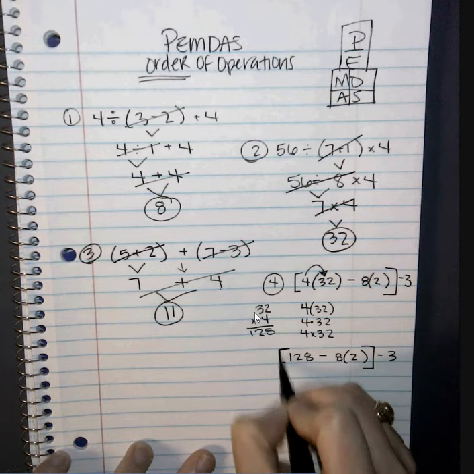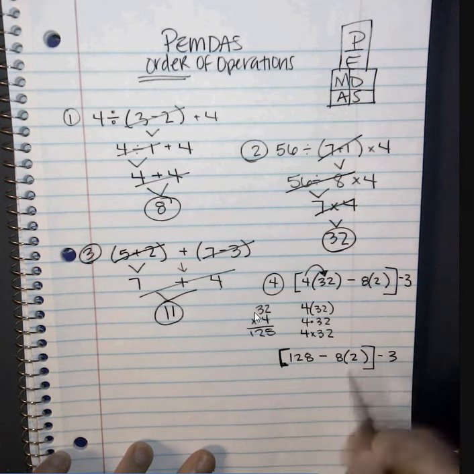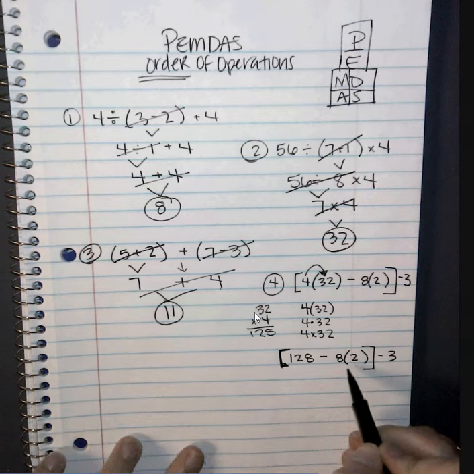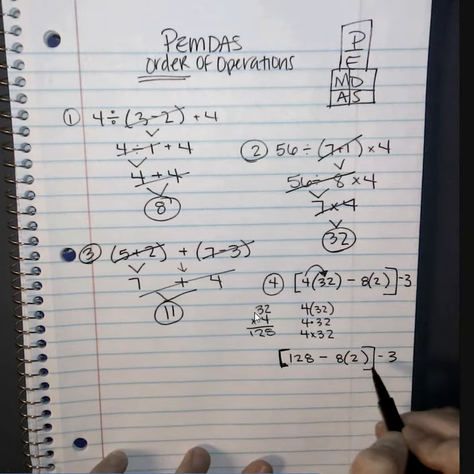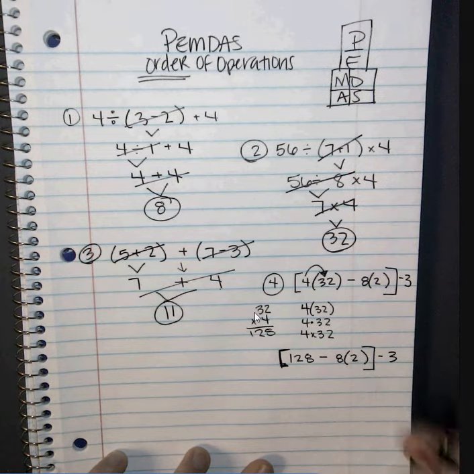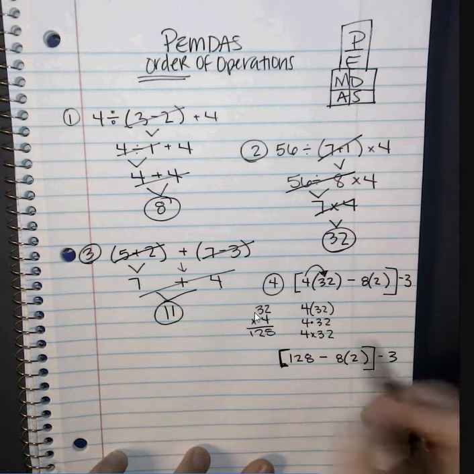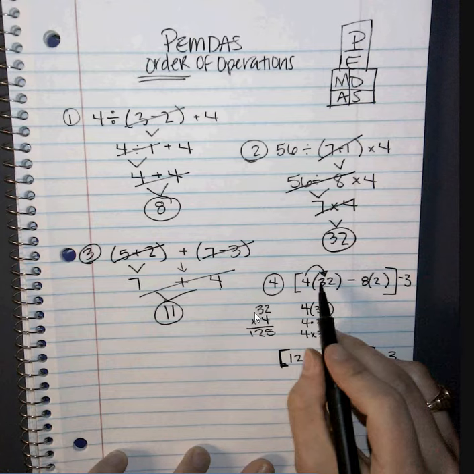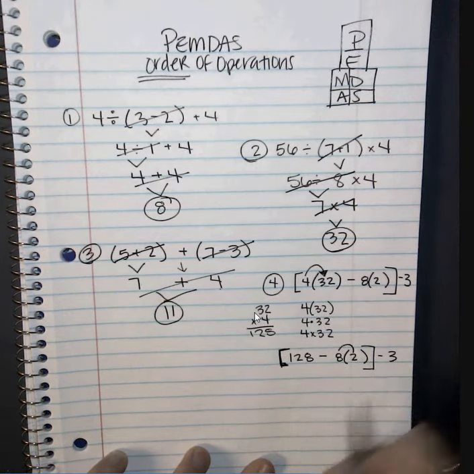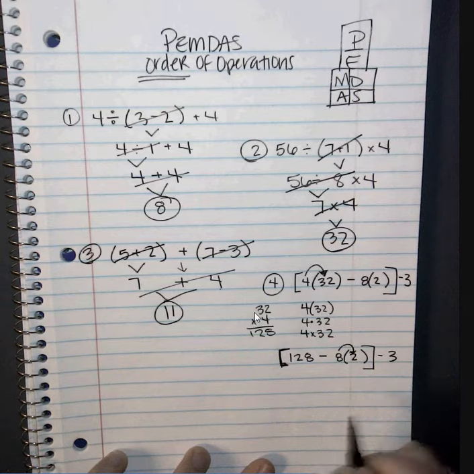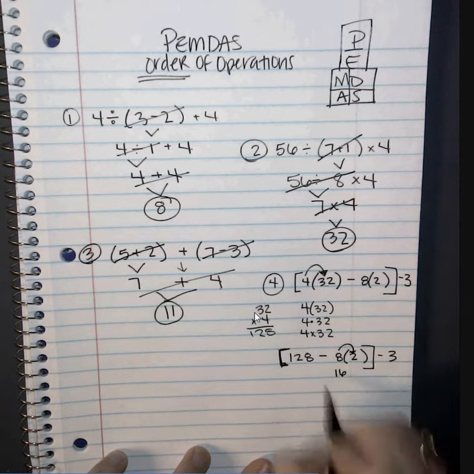Okay, so we're going to do the exact same thing here because that is telling me to multiply. So we need to take care of the innermost brackets first, or the innermost parentheses first, because whenever we have parentheses and brackets, we always work in and go out. So 8 times 2 is 16.